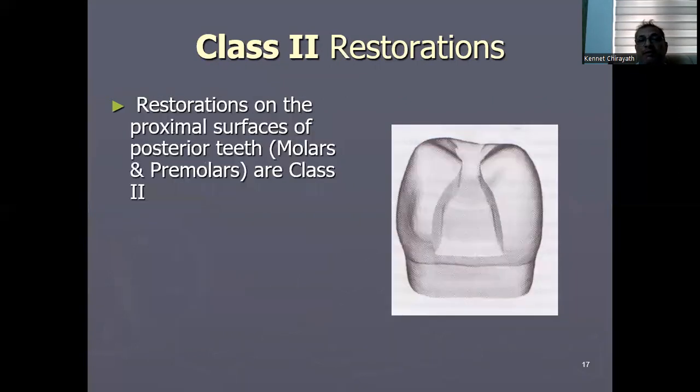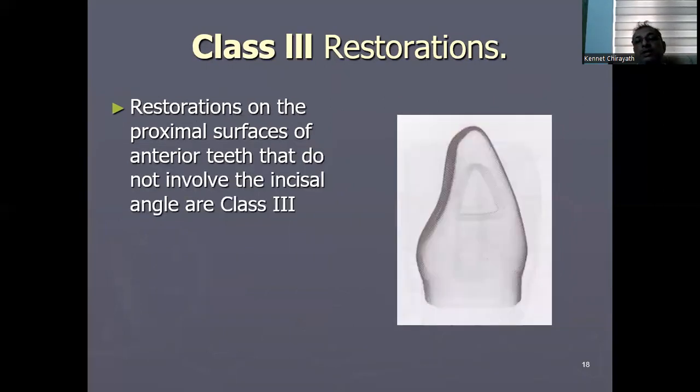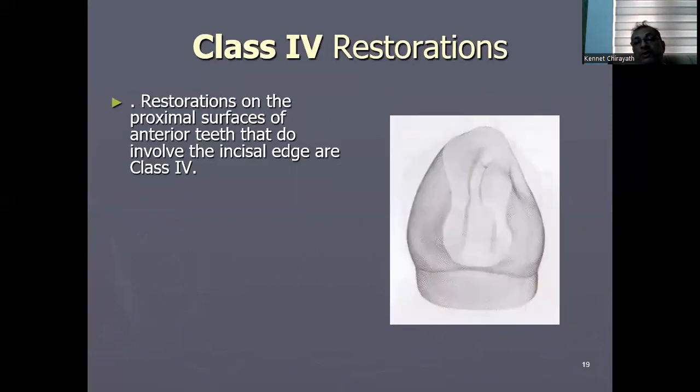Okay, these are the class 1 cavities. Where the proximal surfaces of the molar and premolar are involved, it is known as class 2. And class 3 restoration is the cavities occurring on the proximal surface of the anterior tooth without involving the incisal angle. Whereas if the incisal angle is involved, it is class 4.